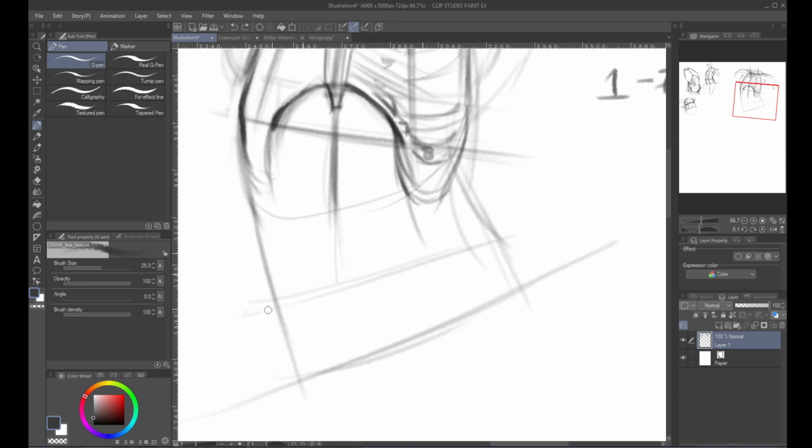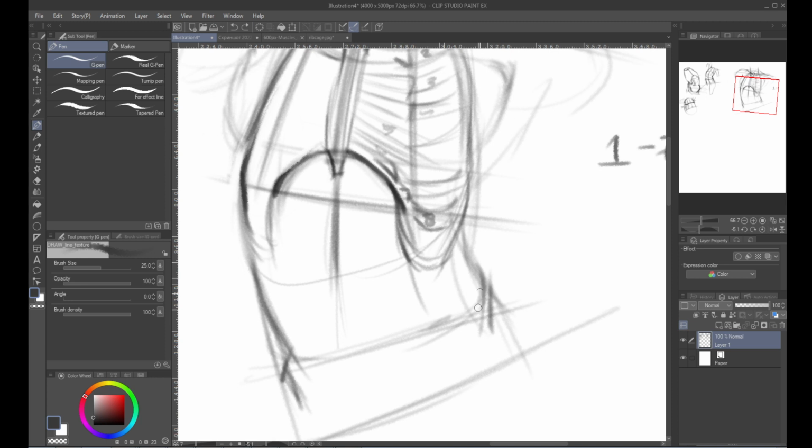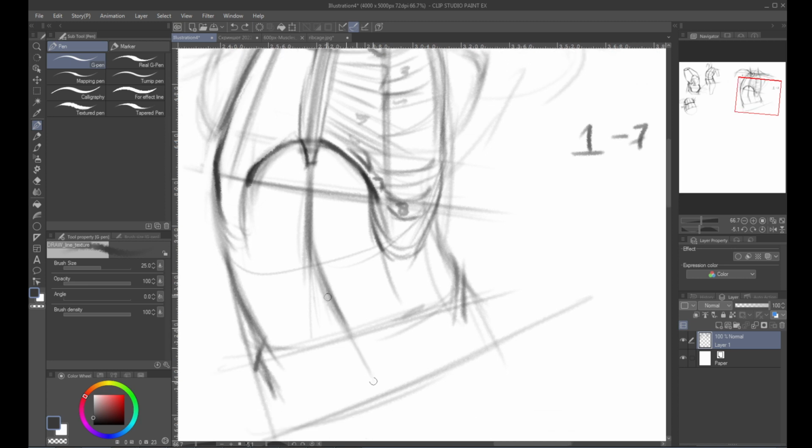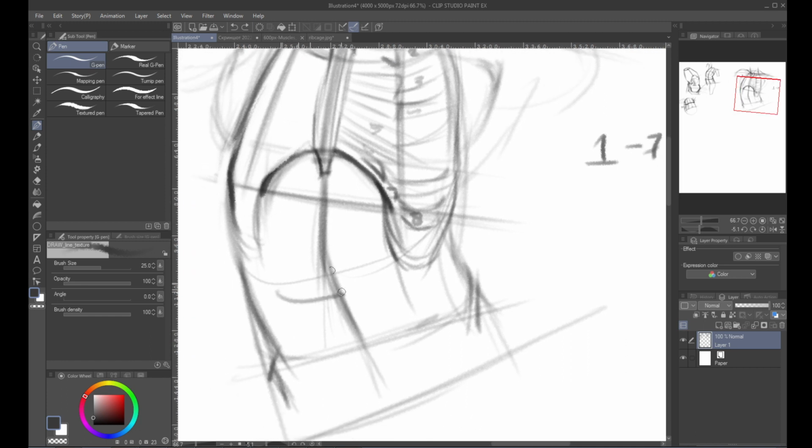Now let's create a simple pelvic shape here. This is the general line, like the central line of symmetry.